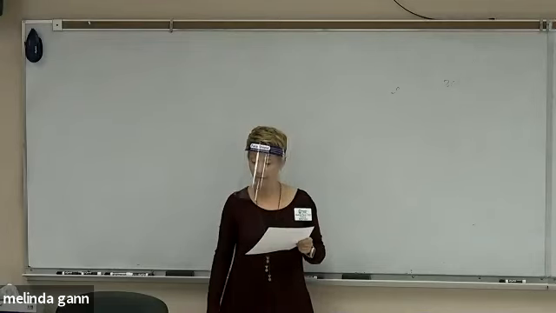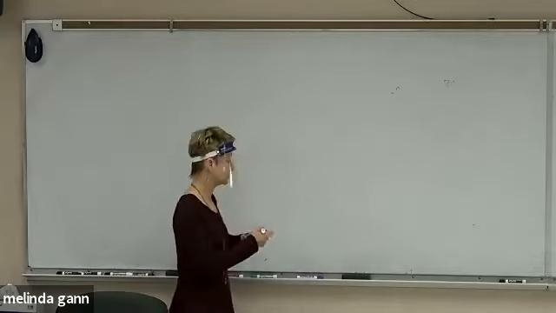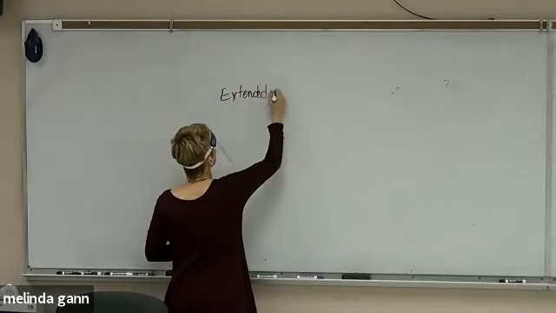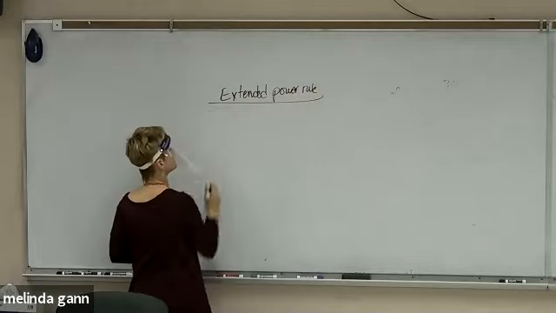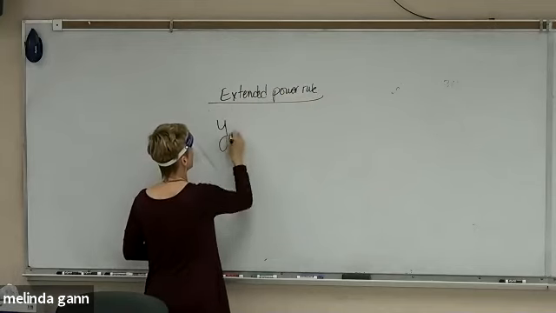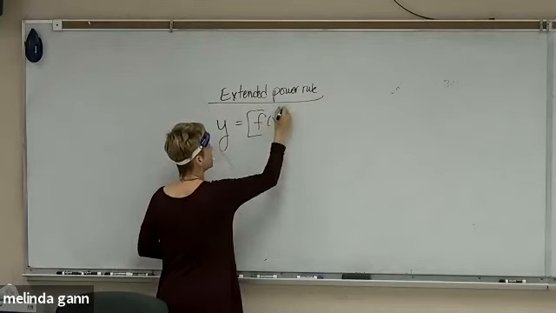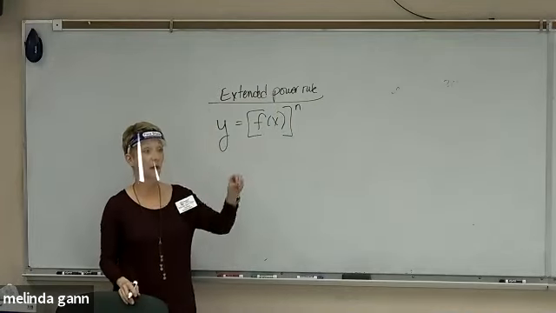Now, 4 is different. Here's what's different about 4. 4 is called an extended power rule. All right, so it says this. What if you have a whole expression raised to a power instead of a letter raised to a power?